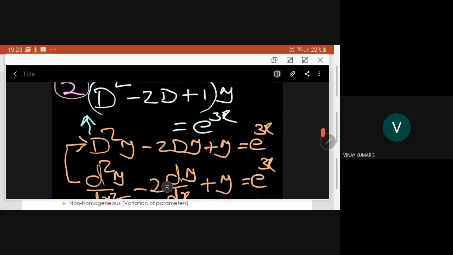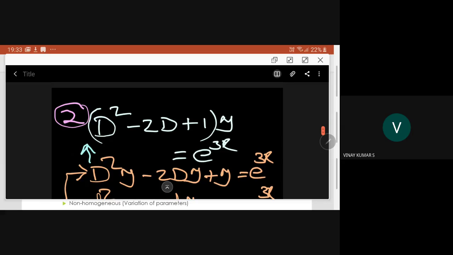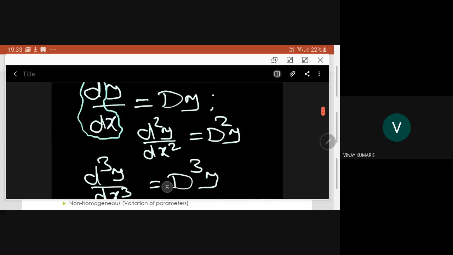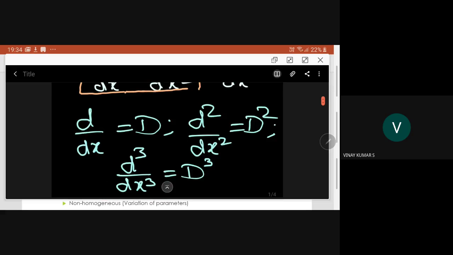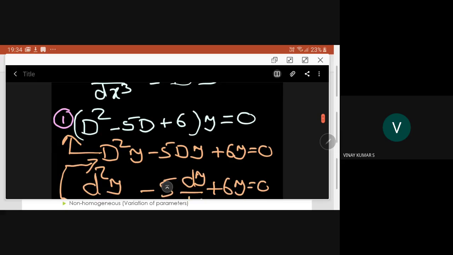So for example, if you take the first example, how does it differ from the second example? In the first example, first notice the coefficients here.